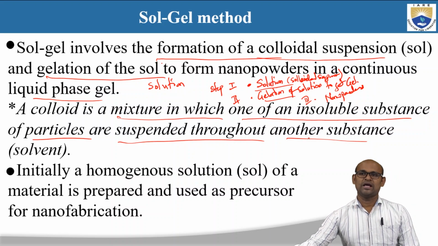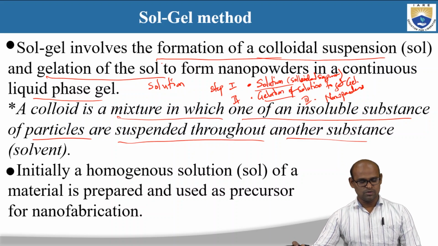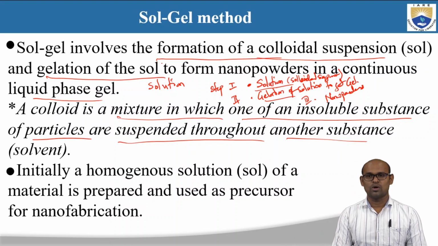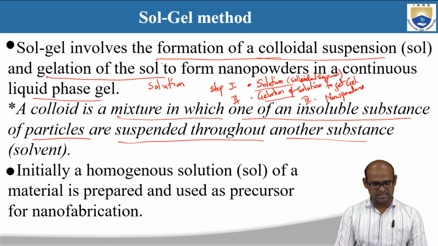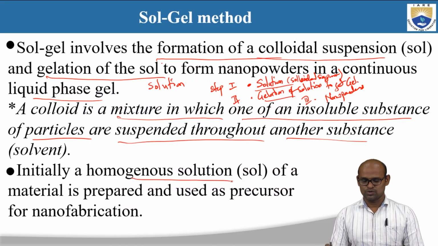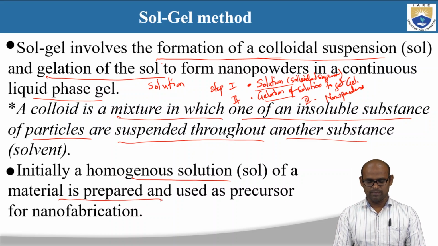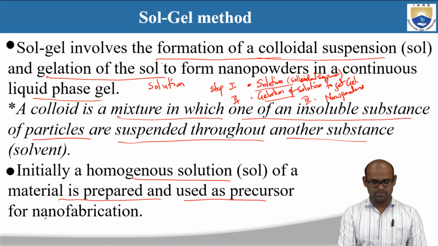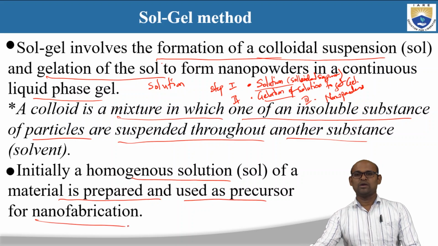One type is hanging in another type of solvent. That is called a colloid mixture, or colloidal suspension. Initially a homogeneous solution of a material is prepared and used as a precursor for nano fabrication.